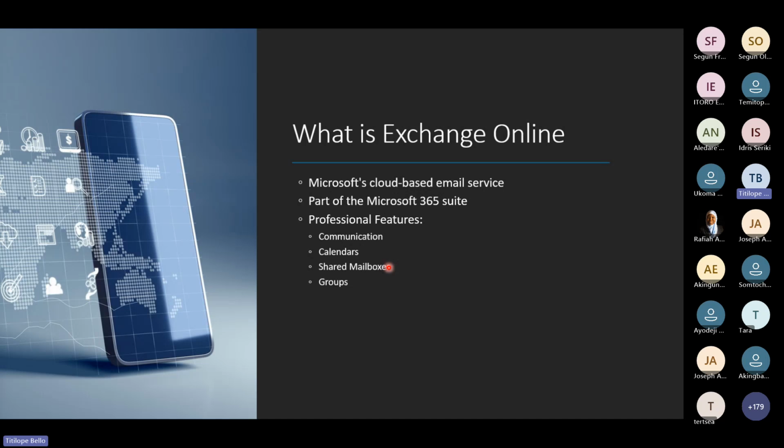It is by giving you some form of access to that exited user's mailbox. This mailbox that you are given access to can be called a shared mailbox, which means you are sharing the access to that particular mailbox with some other persons within your organization.